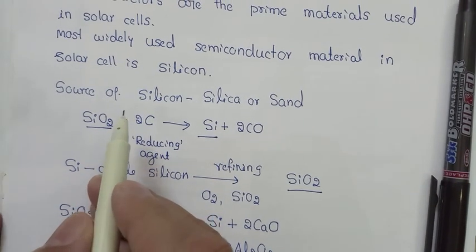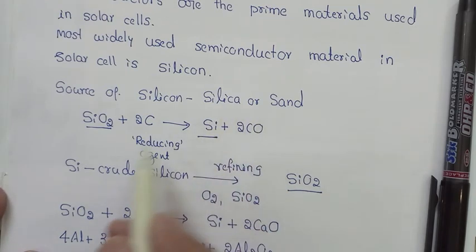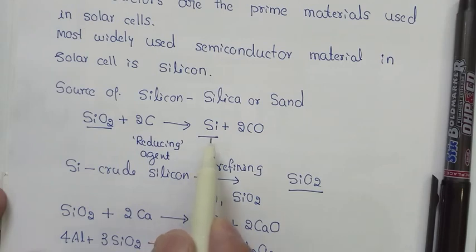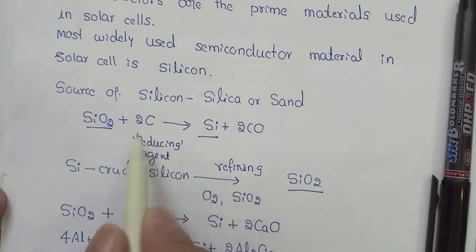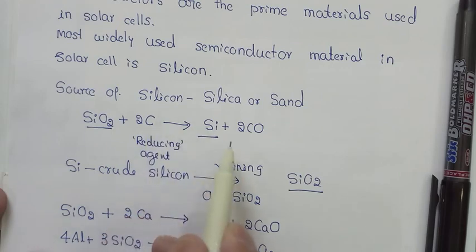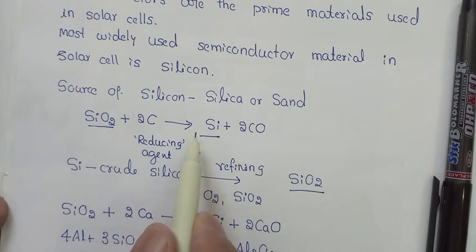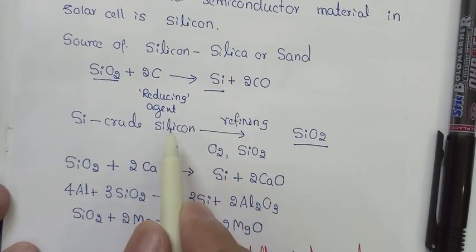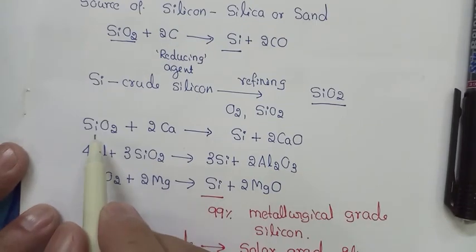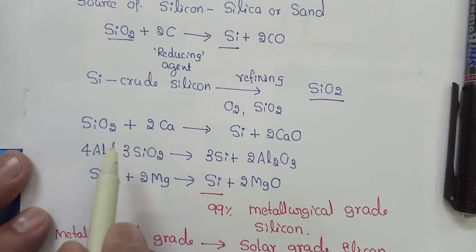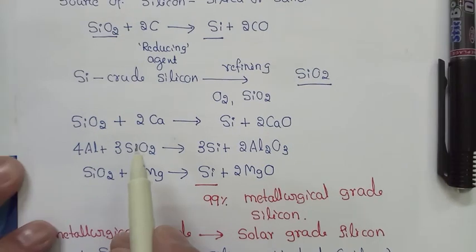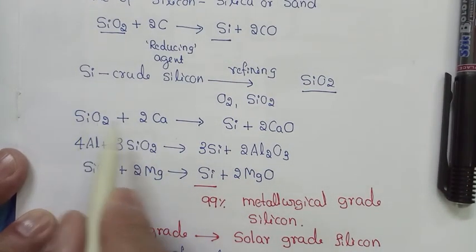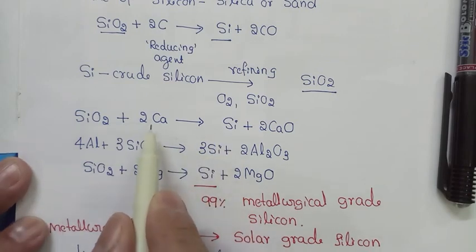The silicon source is silicon dioxide, or silica, or sand. This silicon dioxide is first converted into silicon by reduction with coke or carbon. Here carbon is oxidized and silicon dioxide is reduced. This silicon is purified again by treating with silicon dioxide and limestone, where silica is reduced to silicon and calcium is converted into its oxide.